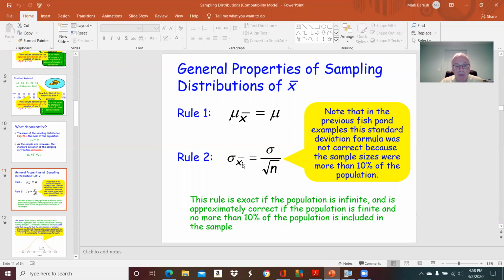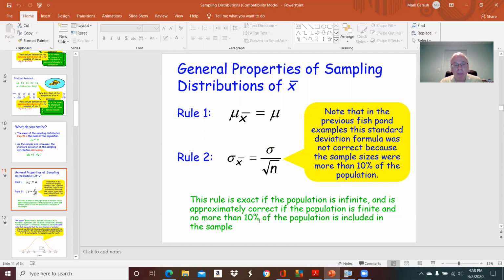And also the standard deviation of the sampling distribution is approximately the population standard deviation divided by the square root of the sample size. And this standard deviation is approximately correct if the sample is no more than 10% the size of the population.